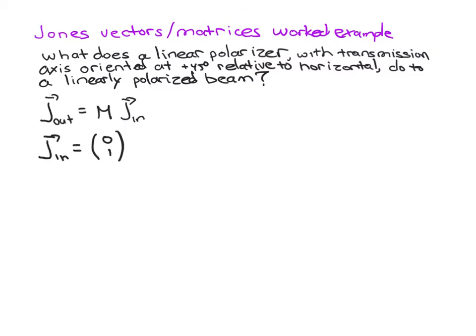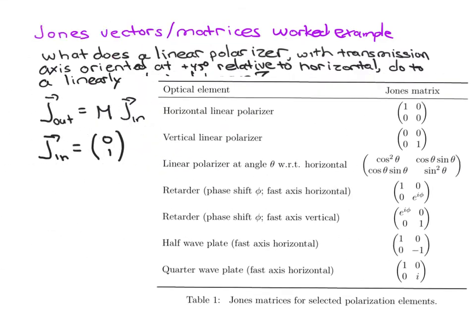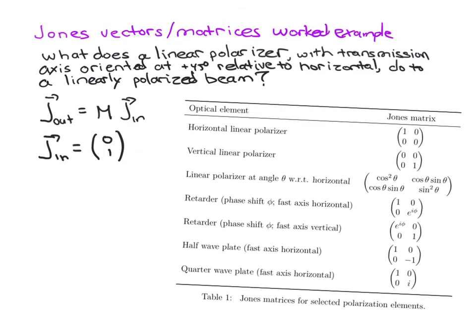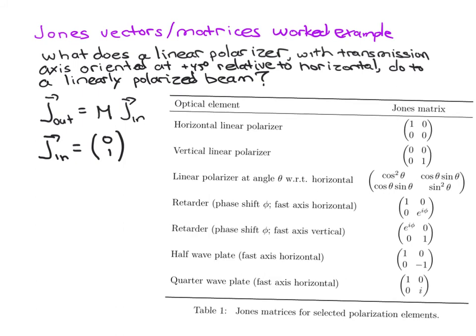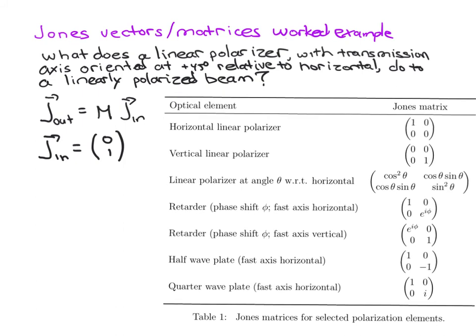Then to calculate the Jones matrix appropriate to this problem, we're going to consult this table that appeared in the polarization tutorial. Different optical elements in this table have different Jones matrices, and we're interested in the effect of a linear polarizer.